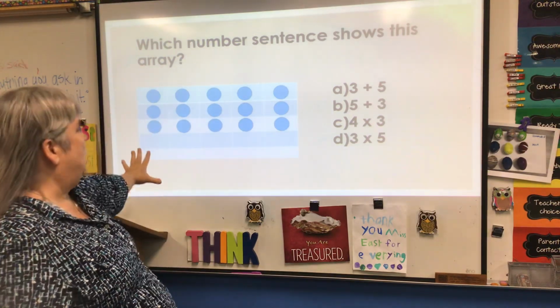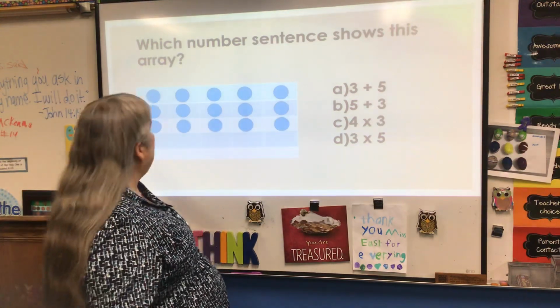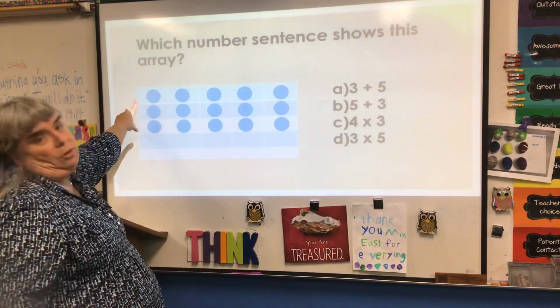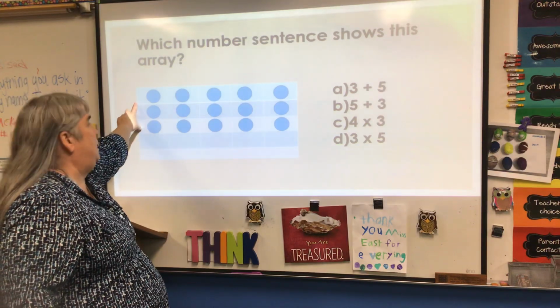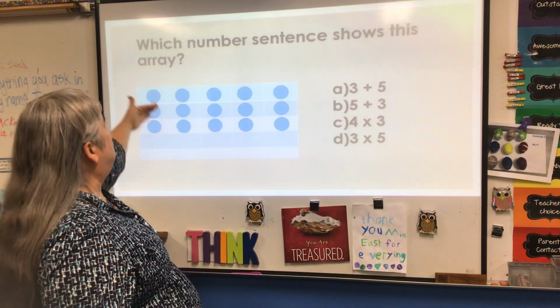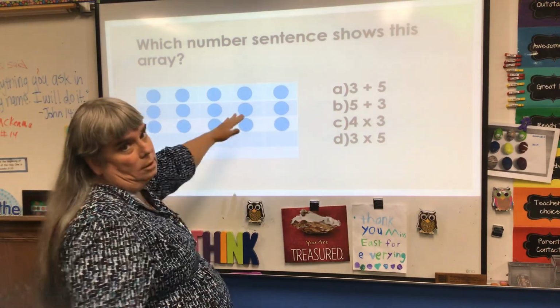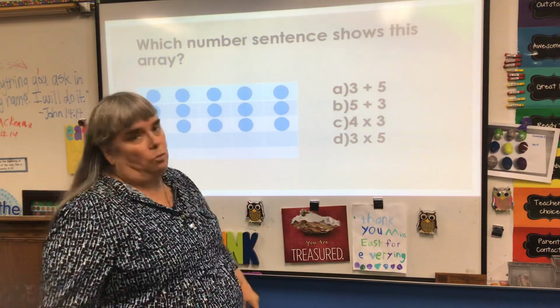Okay, so remember that we're going back to the concept of an array. On this array, they have this grid for you, but then they put circles to give you the array itself. It says, which number sentence shows this array? Now remember, rows go across, and rows are the equal groups.